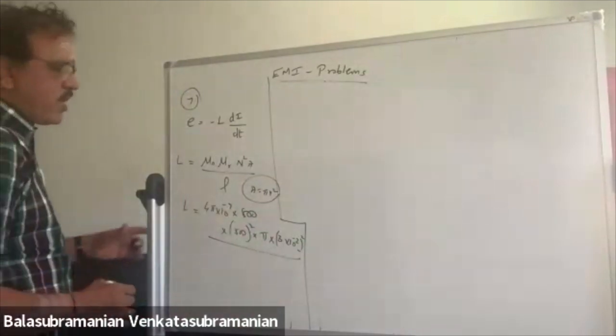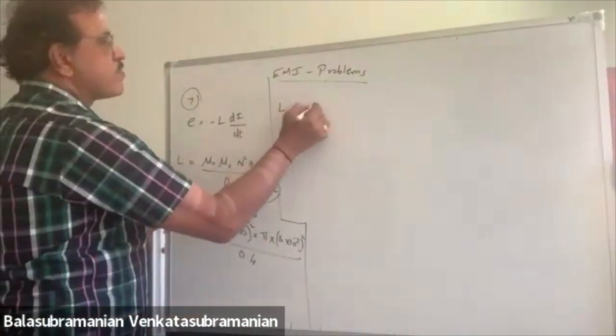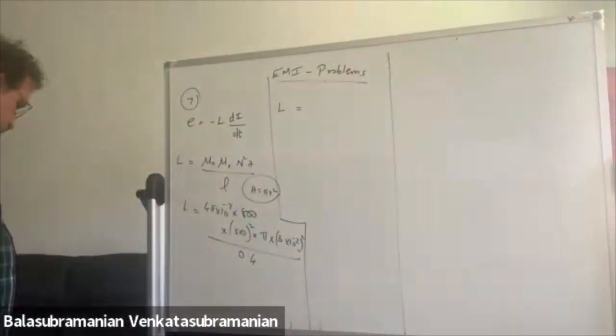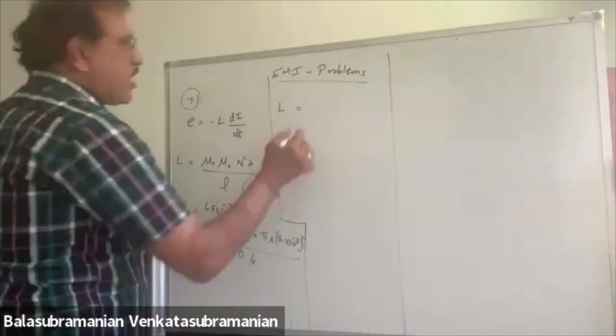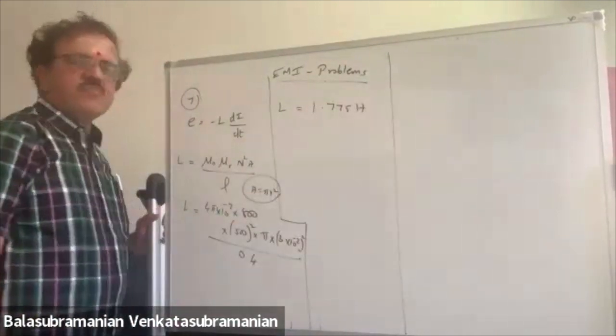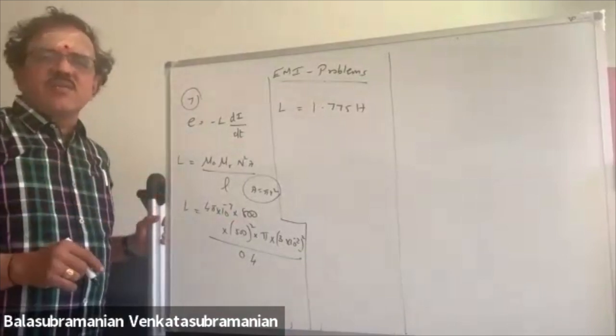Length is 40 centimeter, that is 0.4 meter. So substitute all the values, you are getting 1.775 Henry. Once L is calculated, E can easily be calculated.